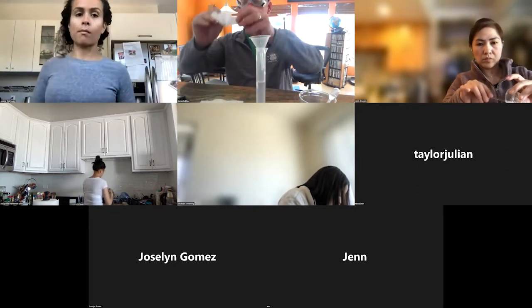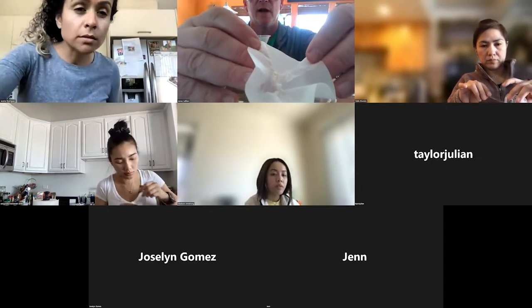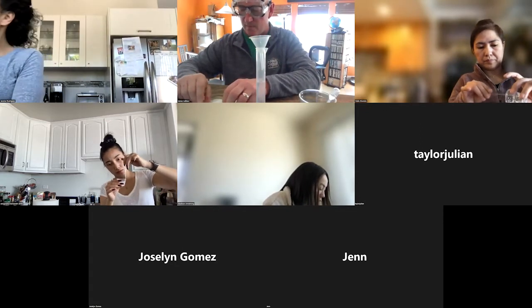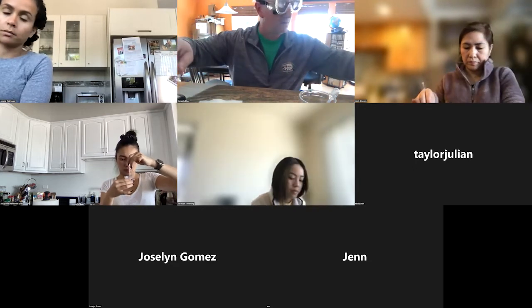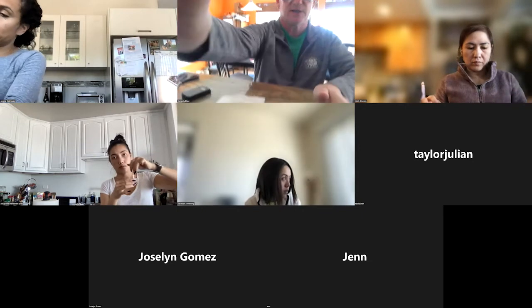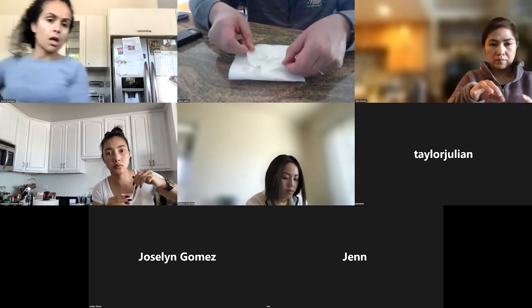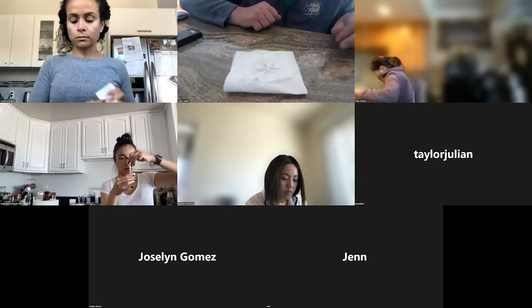Yeah, a nice amount of protein there. So you can actually even flatten the filter paper out so it dries a little easier. So yeah, it's a fairly nice yield there.